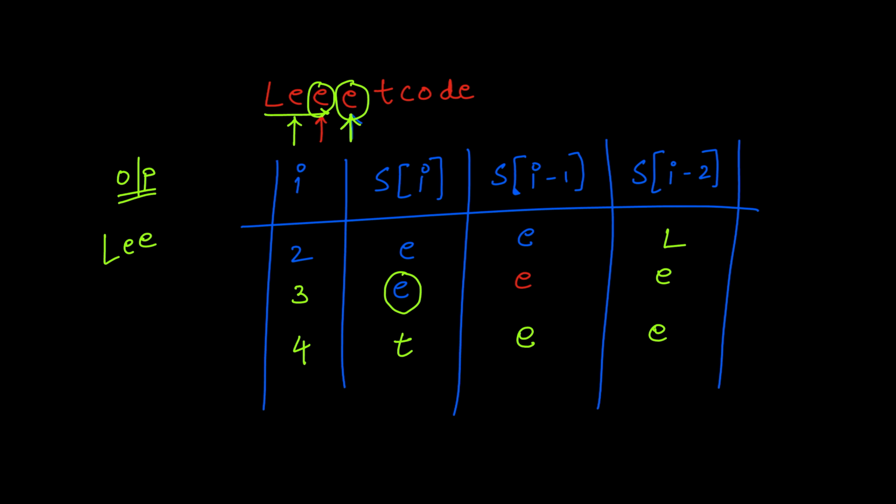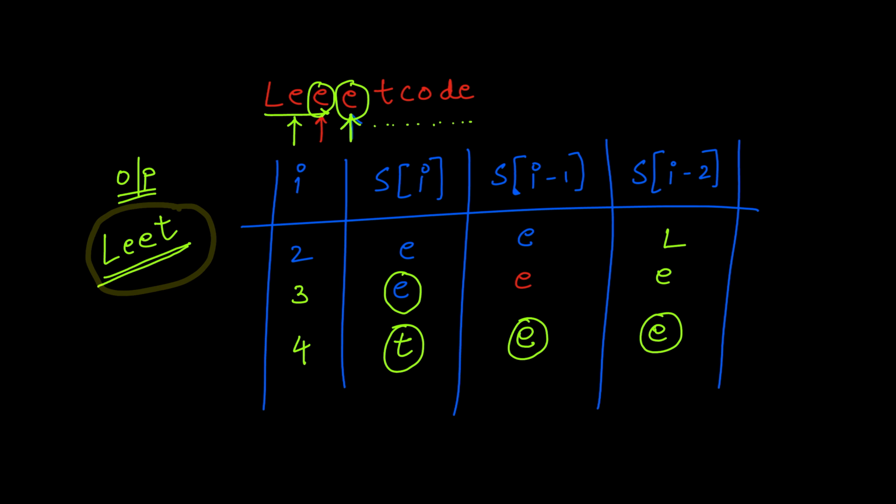Similarly, we'll continue the iteration for the remaining characters in the string by incrementing the I pointer and comparing it with the last values that were added to our output. Although I have used I-1 and I-2 in this example, in the implementation, we'll be looking at the last 2 characters that were added to the output variable.